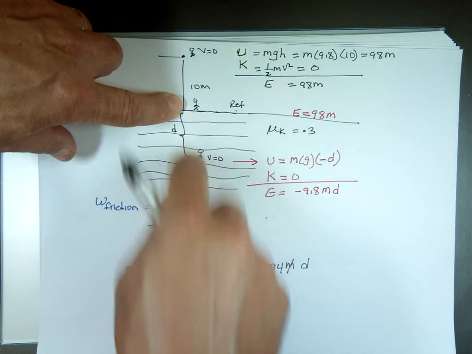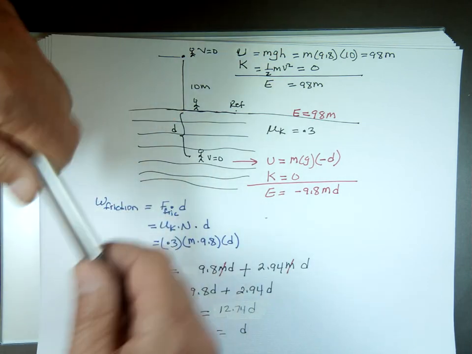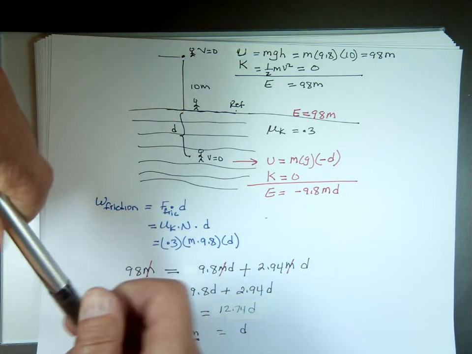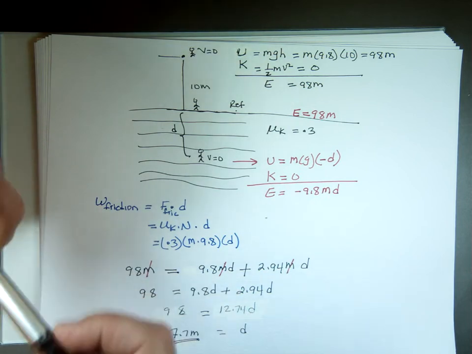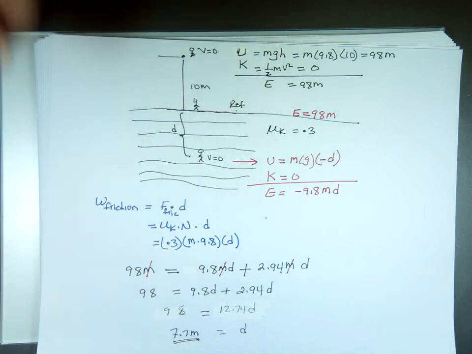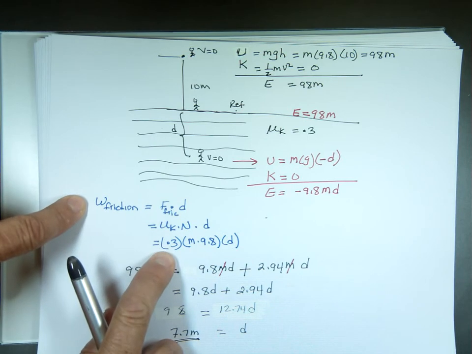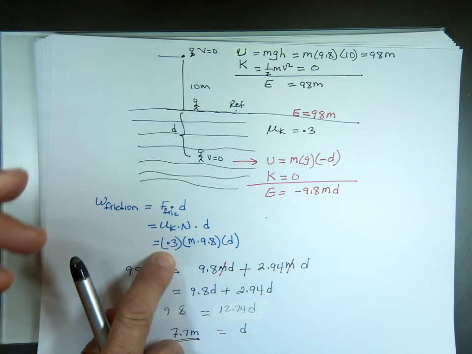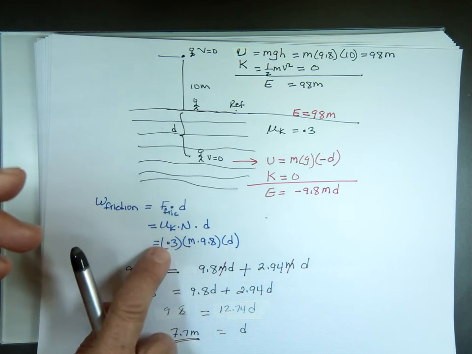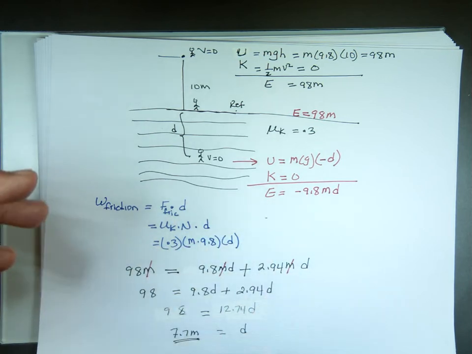Is work done by friction always negative? For a non-conservative force, yes, with friction you're going to lose energy. It's always a negative value. So when they ask you how much work is done by the friction force, you really should put a negative for that one. That means you lost it. So if you put a negative here and a negative there, you end up with d being negative. And negative d means you're below the surface of the water.